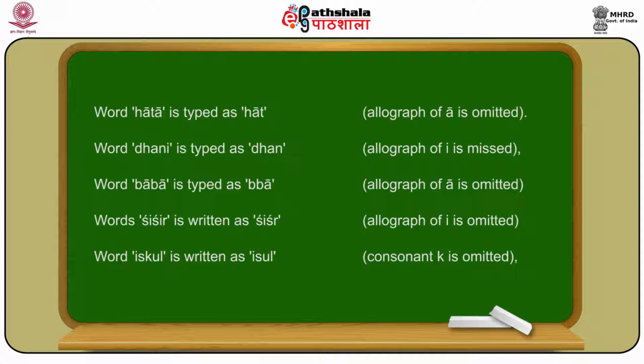This we call omission of character: one character, or sometimes more, which is supposed to be there to make a word valid or acceptable is missing because of laxity on the part of the data operator.